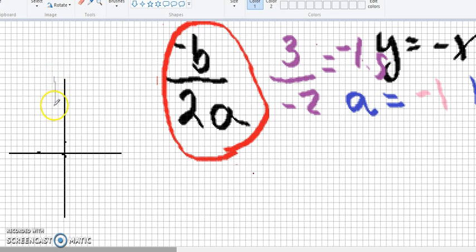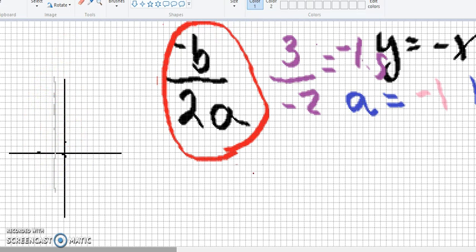It's on the 1.5, which is a little hard to do, but you get the idea. It's right in between the 1 and the 2. Okay, so that's our line, and this is our axis of symmetry.